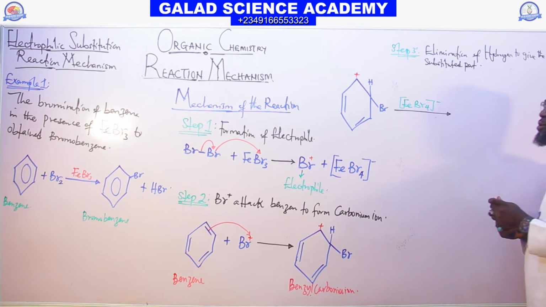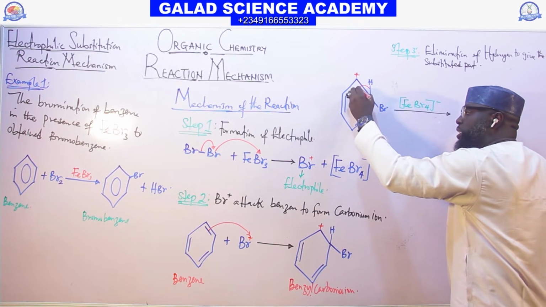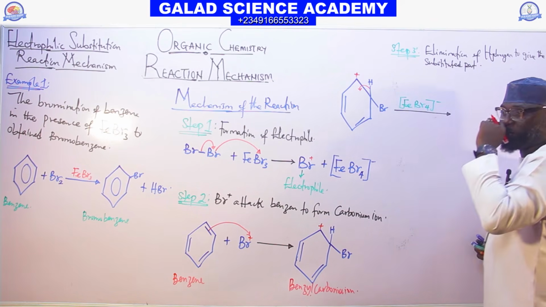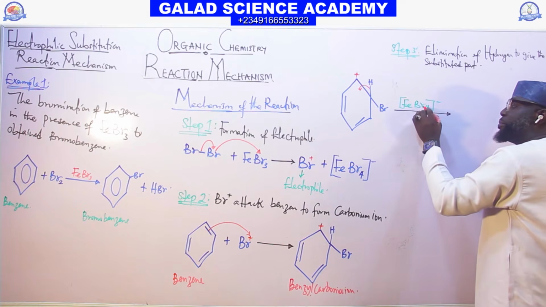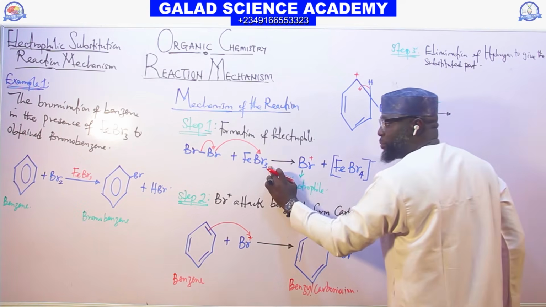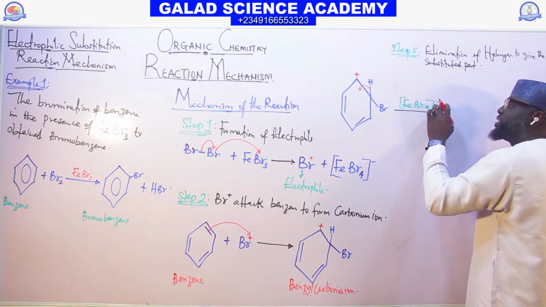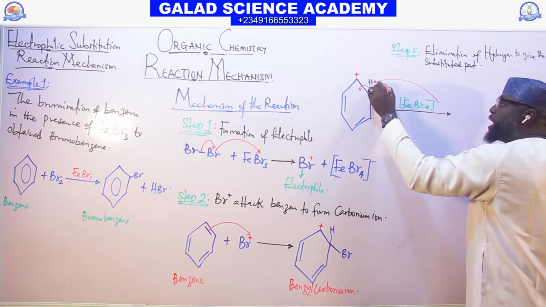At this level, this bond will come back to this side. When the bond comes back, this hydrogen will be empty. One of the bromines that has this negative charge will react with this hydrogen.